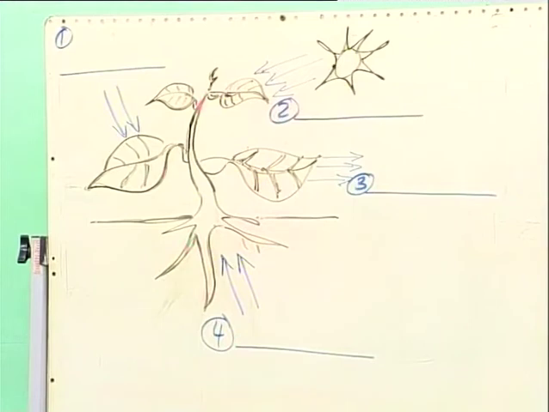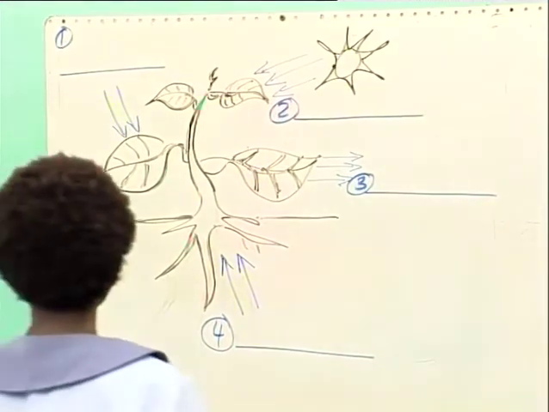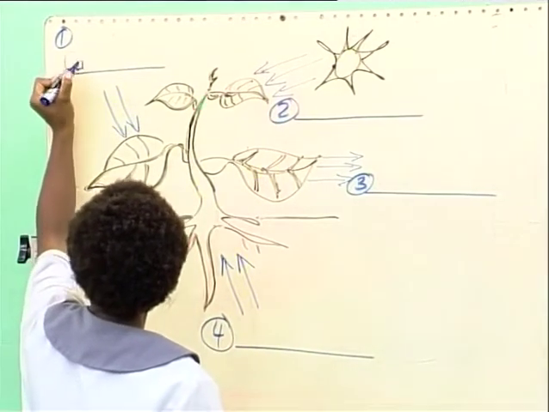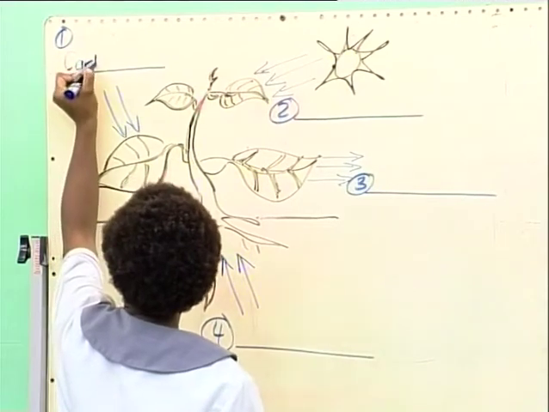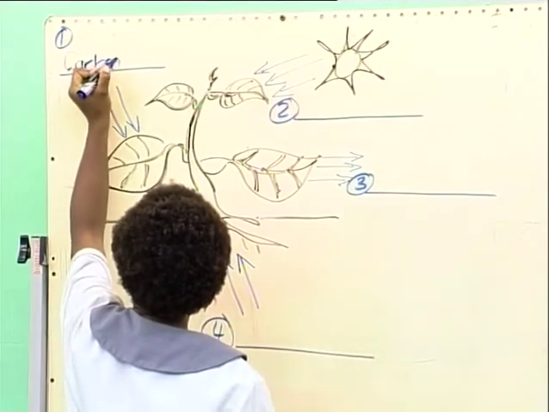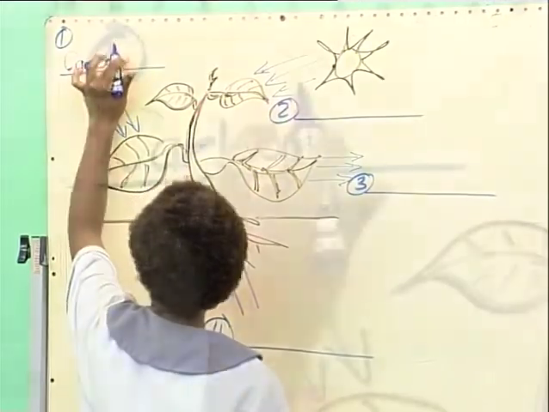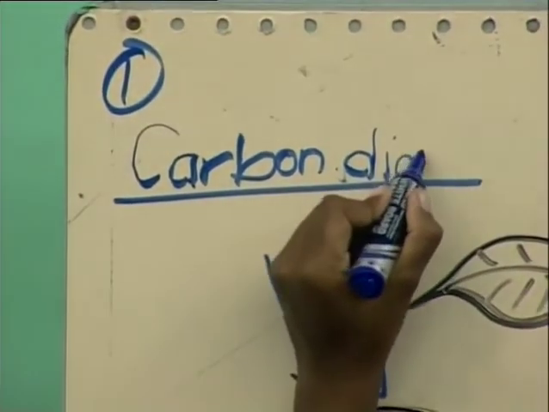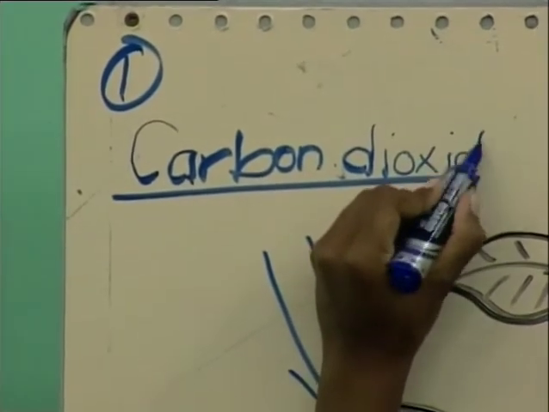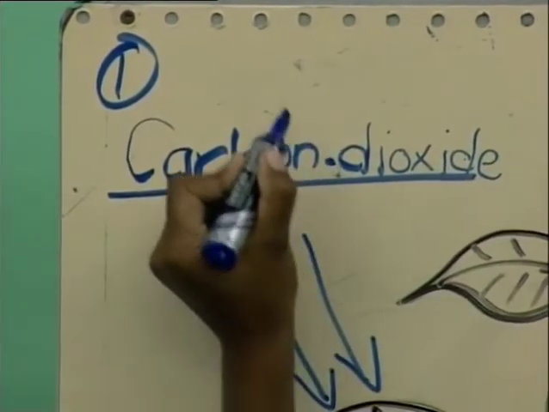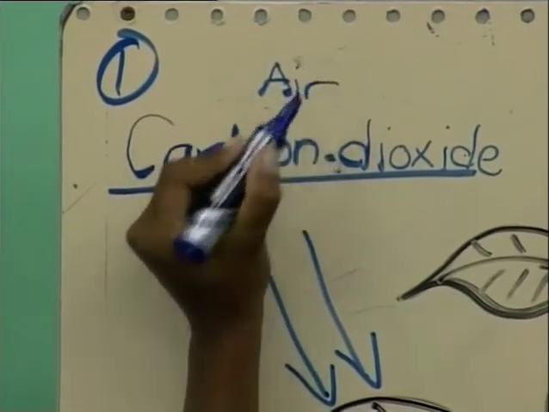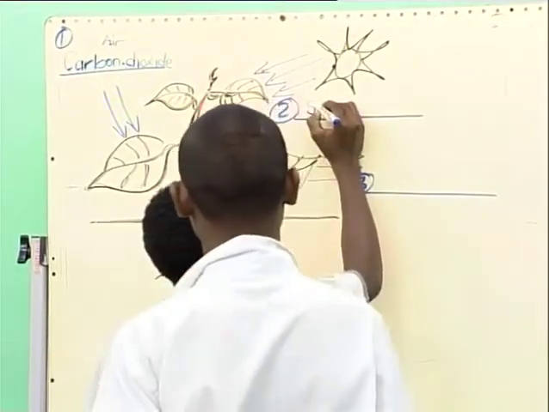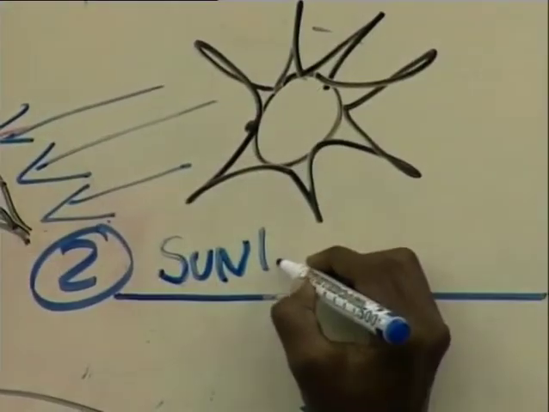Number 2, Cooper. 3, Maria. 4, John. Cooper, number 2. Write it clearly. Okay, Maria has written number 1, carbon dioxide that is found in the air. Check if you have that.